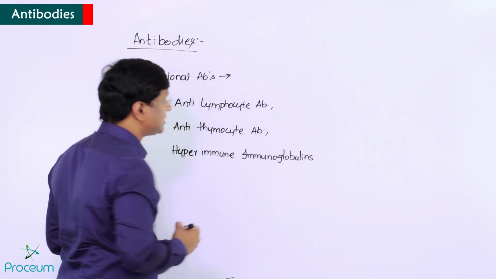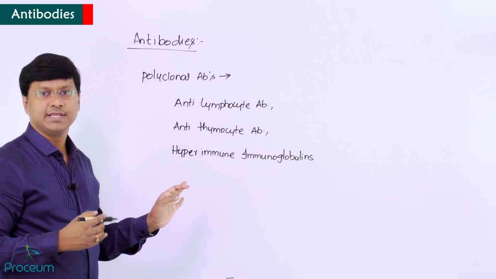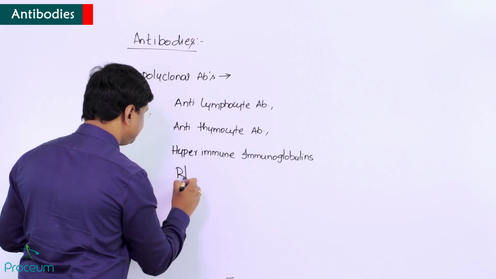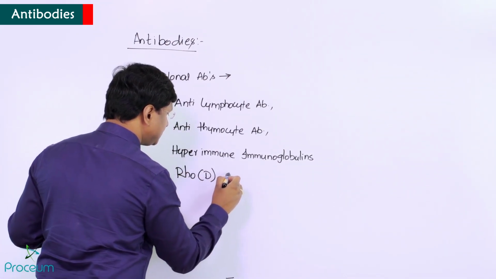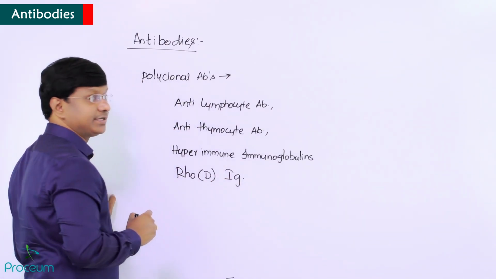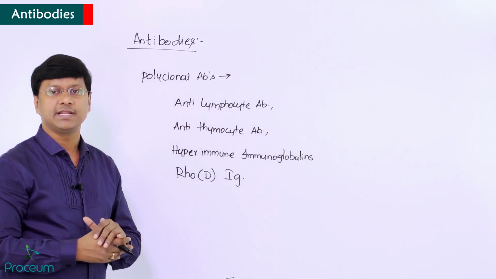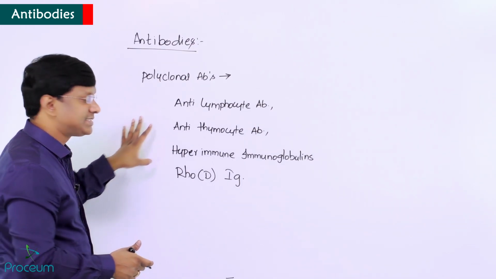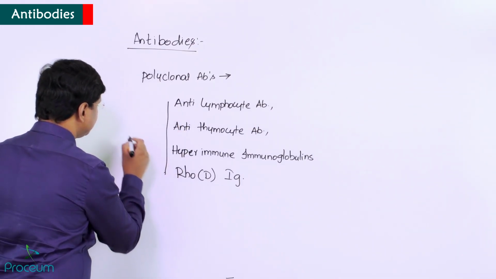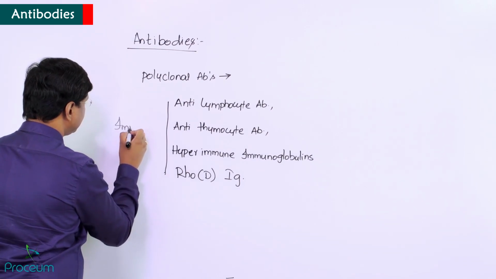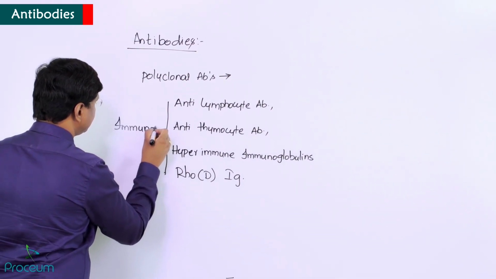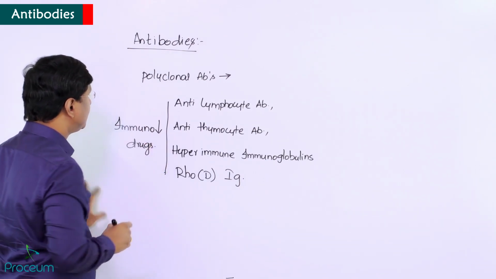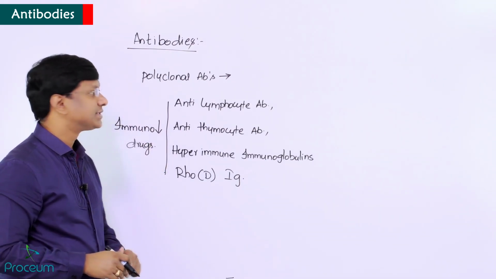These are also polyclonal antibodies, and as well as the raw immunoglobulin. So these are the polyclonal antibodies, and they are useful as immunosuppressive drugs.